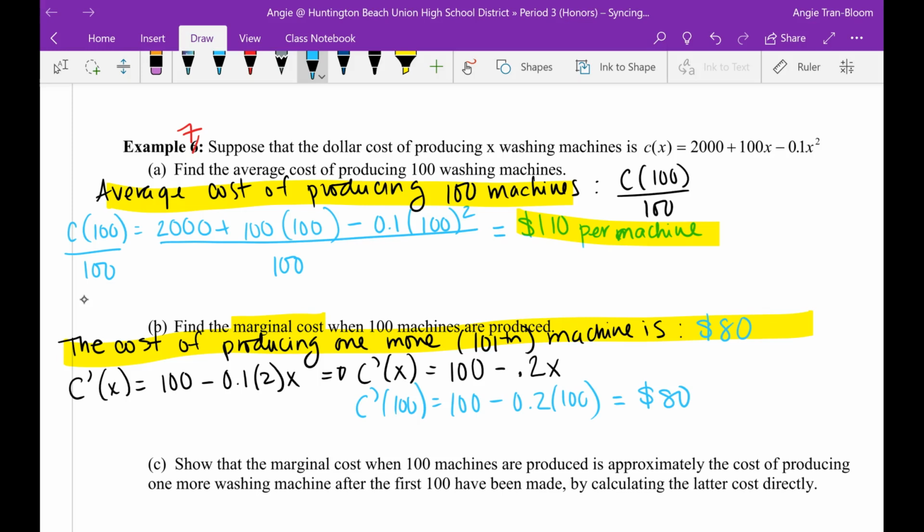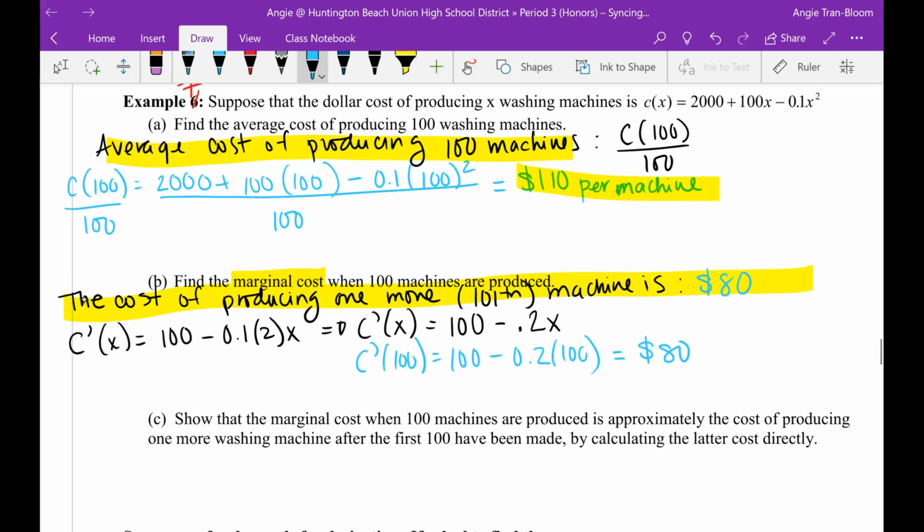Now, let's go to this one, C. Show that the marginal cost when 100 machines are produced is approximately the cost of producing one more washing machine after the first 100 have been made, by calculating the latter cost directly.